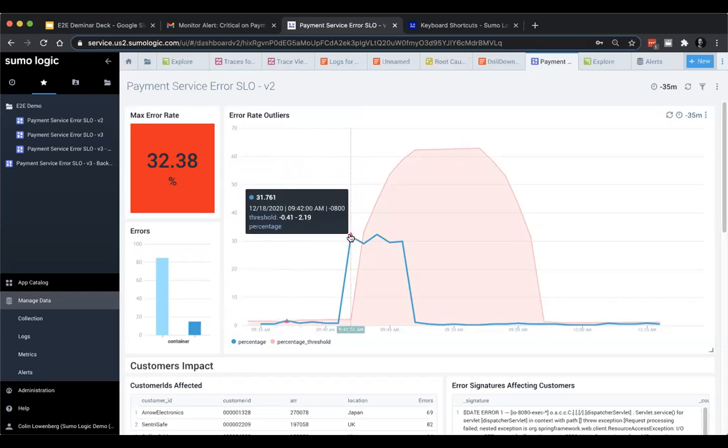And then the outlier occurs, and it's at 31% errors. Then the threshold starts to change. You can see right here, just after the outlier, the threshold has changed to widen the gamut, so we don't keep getting the same alert over and over again.